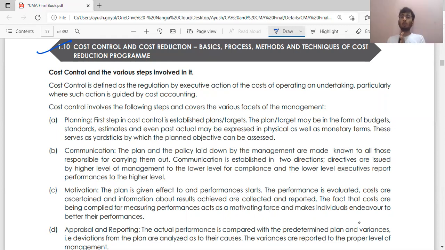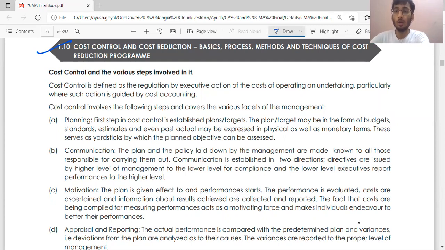But before starting, let me give you a brief about what cost reduction basically is, and what cost control is. See, what comes to your mind when you hear the word cost control? Cost control is where we control our cost, the total cost which would occur in our business.